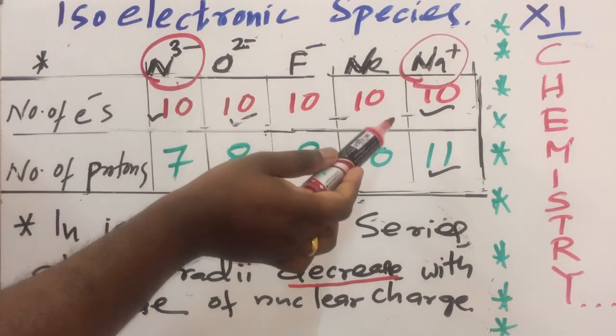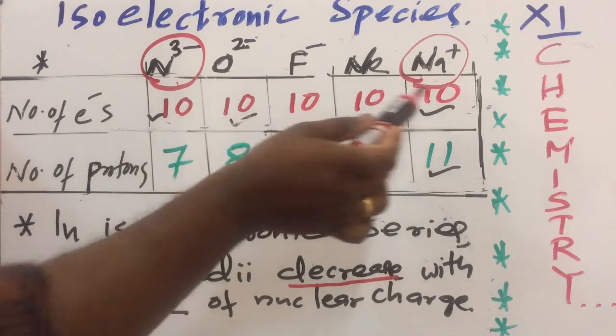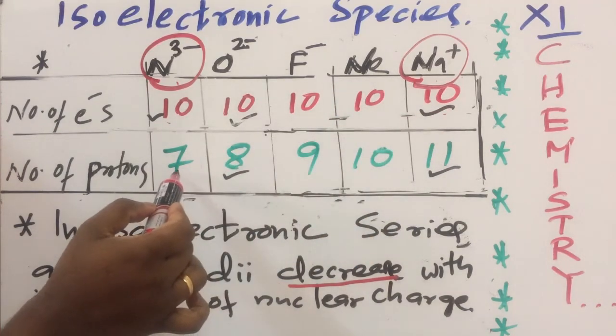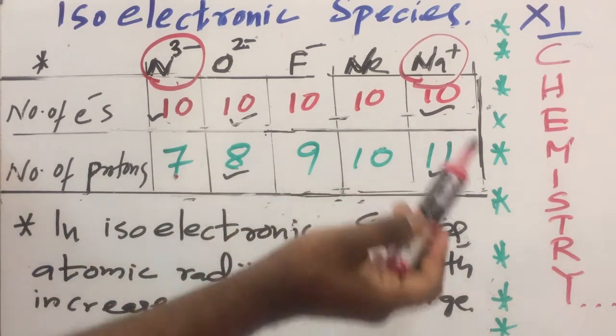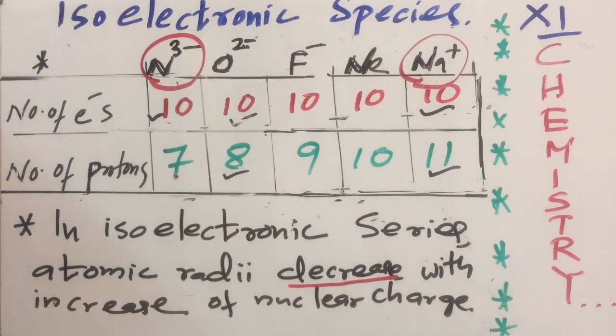Why are they isoelectronic? Because of the same number of electrons, while the nuclear charge or number of protons is different. My question is, out of these two, which one possesses the lower atomic size? Can you tell the answer?